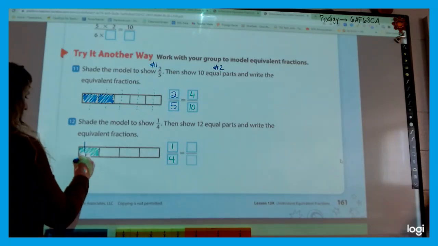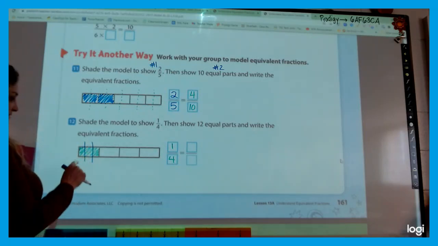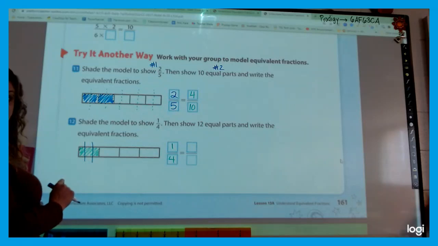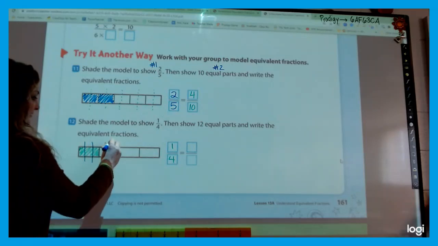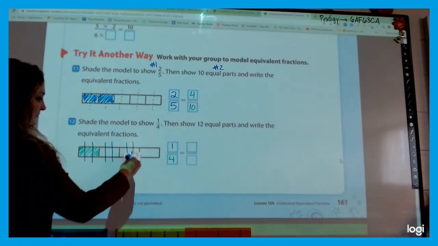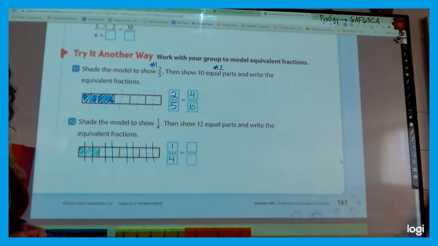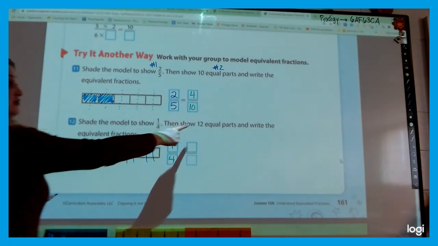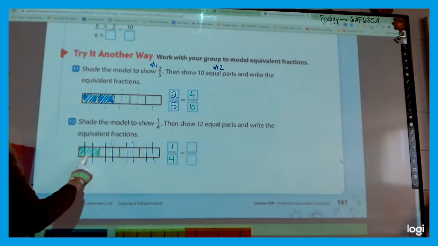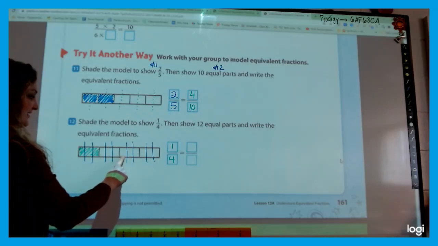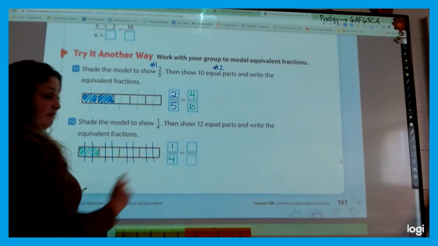So 1, 2. So I have 3 spaces in there, right? 1, 2, 1, 2, 1, 2. And now I have to count how many spaces I've got. Let's make sure I did it right. I should have 12 equal parts. 1, 2, 3, 4, 5, 6, 7, 8, 9, 10, 11, 12.